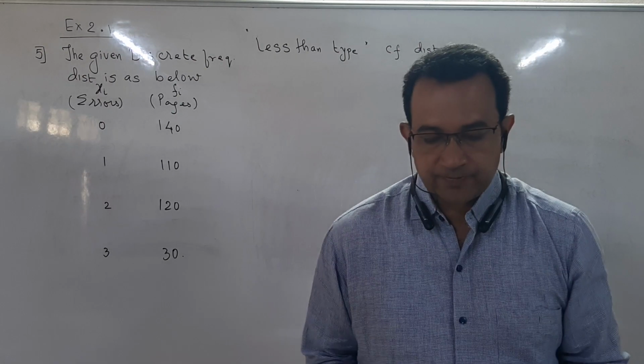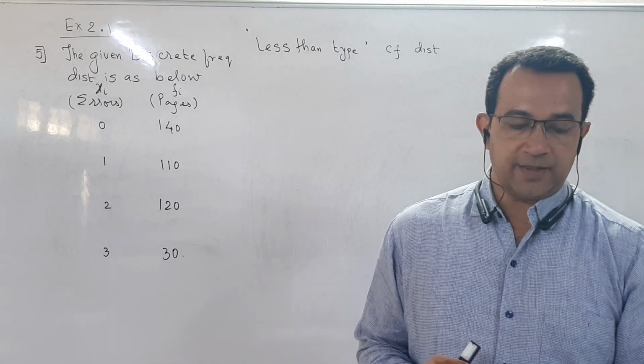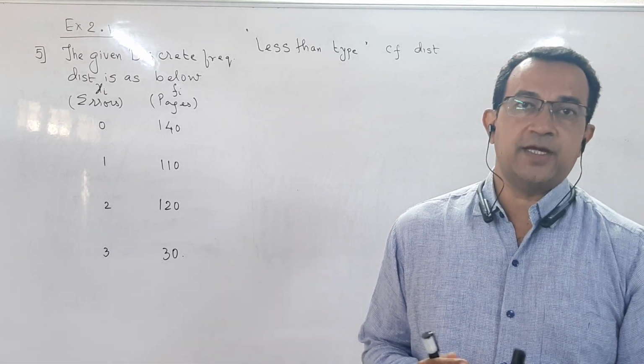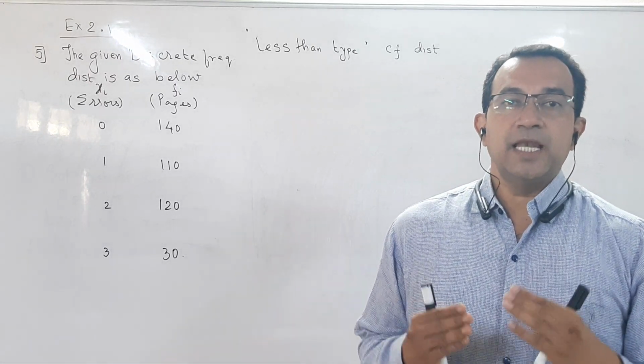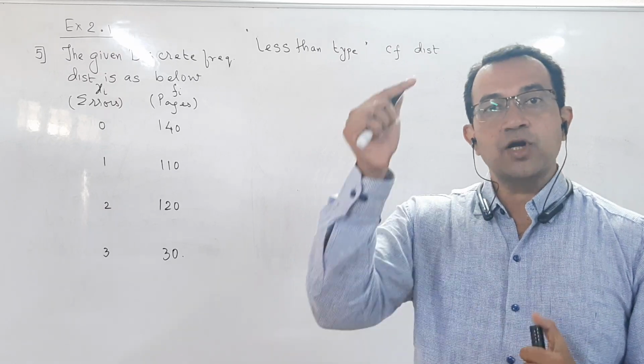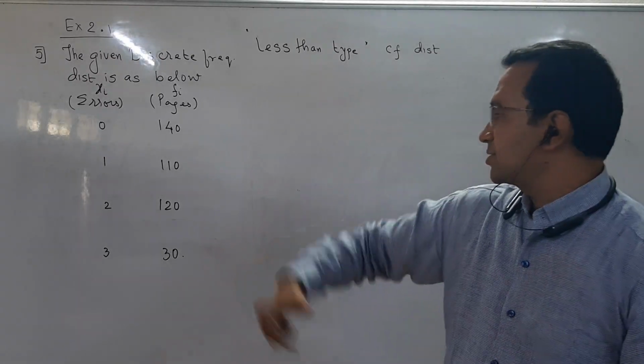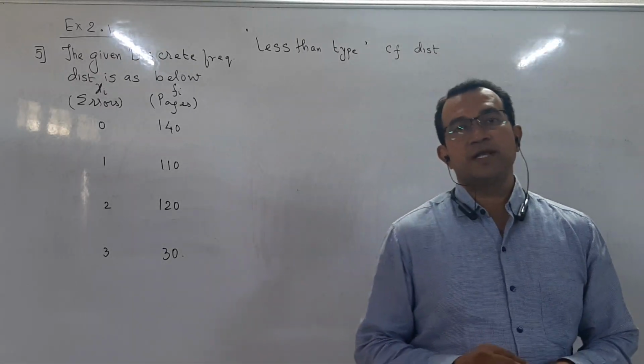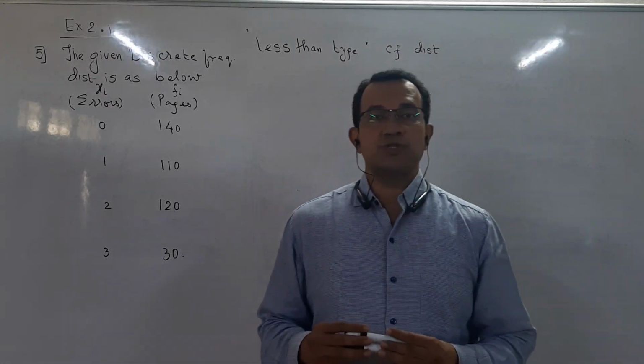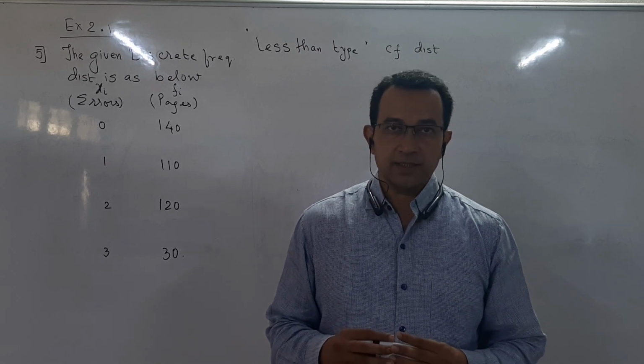Now, students, in less than type, all of you must pay attention. In less than type, for discrete, there are no class limits. So we have to be very careful which columns we have to make.